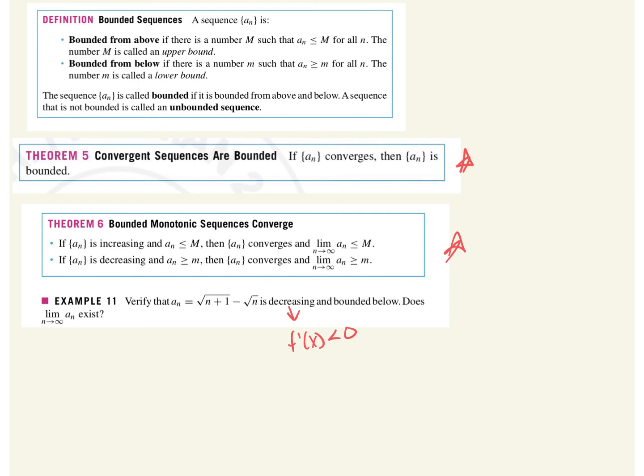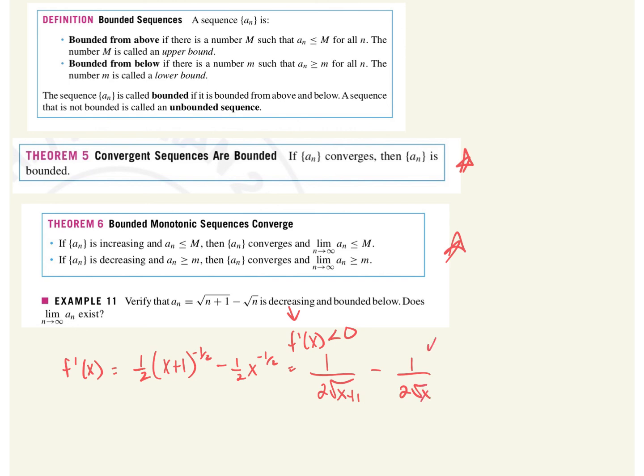So f prime, if we think of that sequence as a function, is equal to 1/2 times the quantity x plus 1 to the negative 1/2, minus 1/2 x to the negative 1/2, or 1 over 2 square root of x plus 1 minus 1 over 2 square root of x.